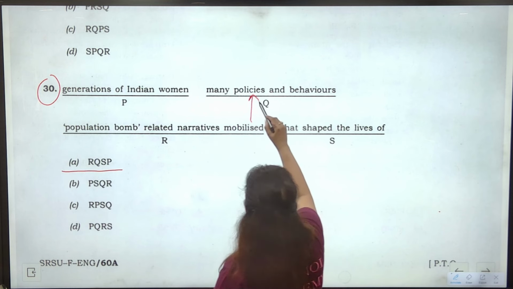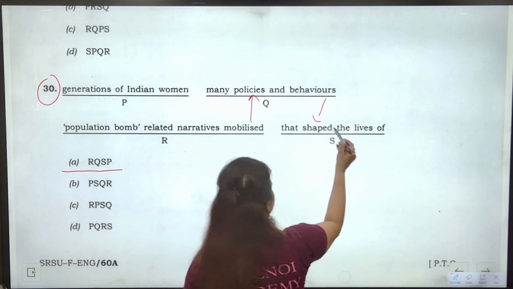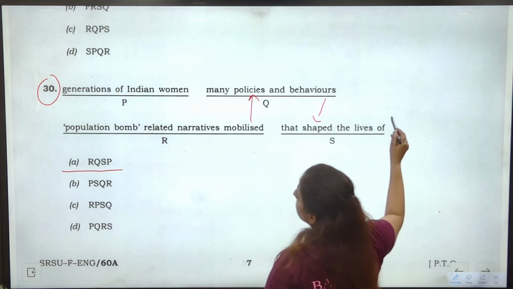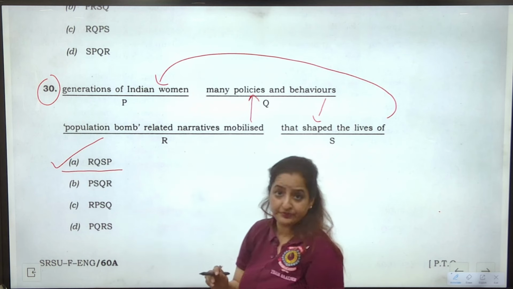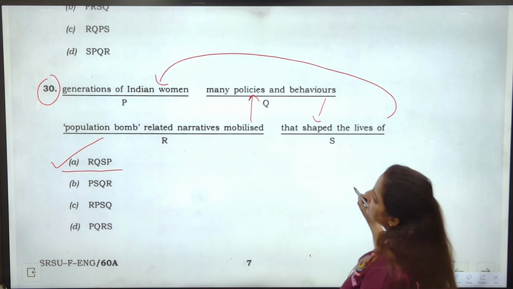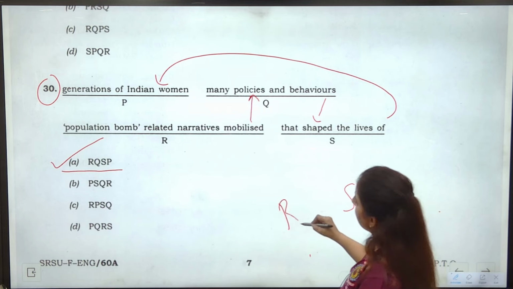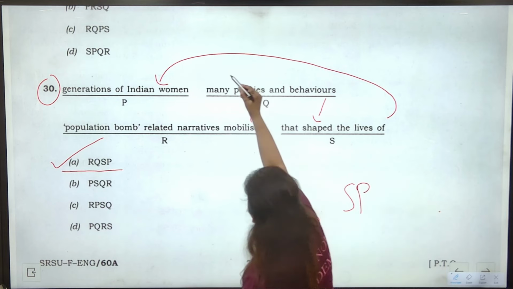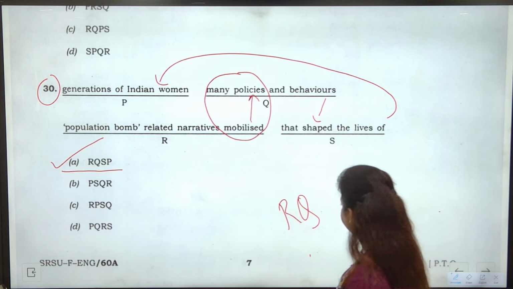Mobilized the policies and behaviors that shape the lives of whom? Lives of generations. It is absolutely making sense. Lives of Indian women, so SP makes sense. Mobilized the policies, so RQ makes sense. Right? This way. The answer is Alpha, actually.